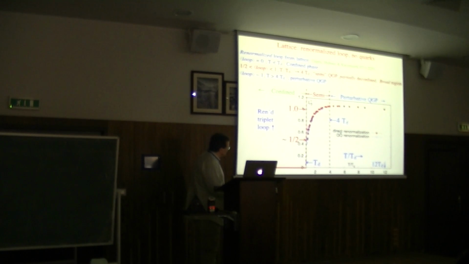This is the deconfinement temperature. It jumps to a value of about 0.4, and then approaches 1, approximately constant from 4 times the deconfining temperature.